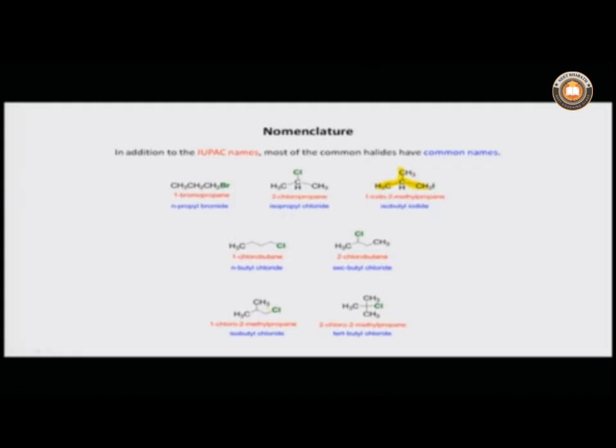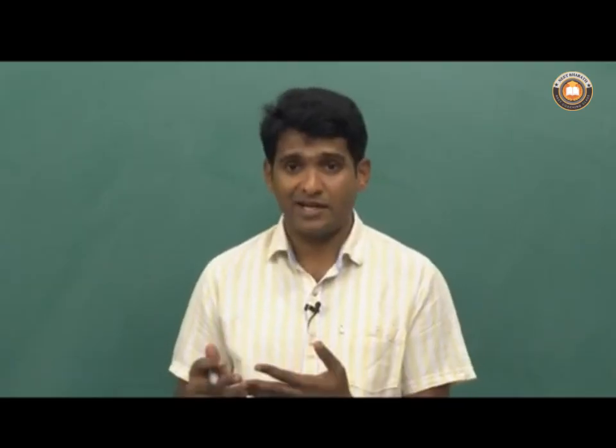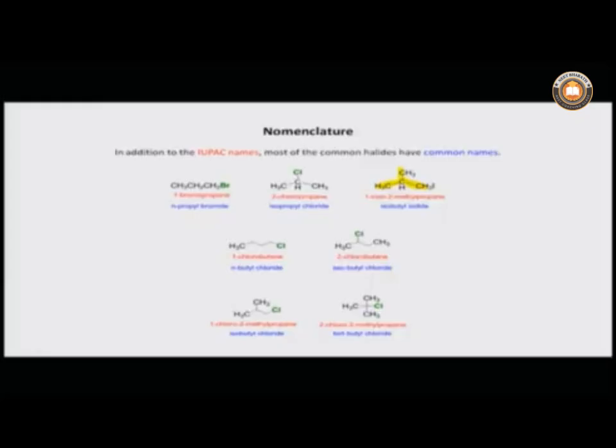This particular compound has a rather interesting structure. It is a carbon atom that is attached to 3 CH3s and a chlorine atom. So definitely this is a tertiary haloalkane, because the carbon attached to the chlorine atom is already attached to 3 alkyl groups. But to name this compound properly following the IUPAC rules, we look at the longest alkyl chain that has the chlorine atom on it.